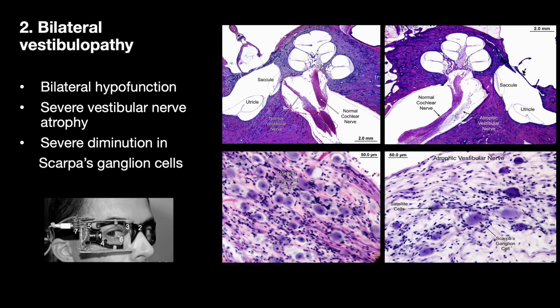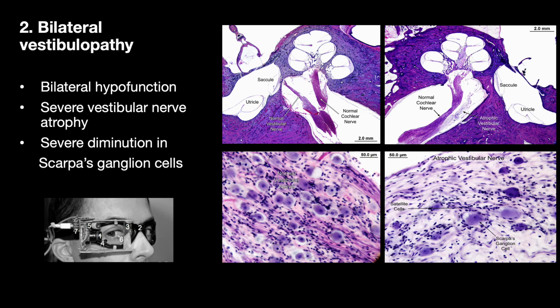So the second component, the bilateral vestibulopathy, top left you can see the normal vestibular and cochlear nerve are well stained. Top right in the CANVAS patient you see the normal cochlear nerve, but the poorly stained atrophic vestibular nerve.